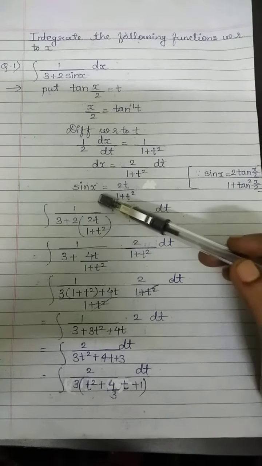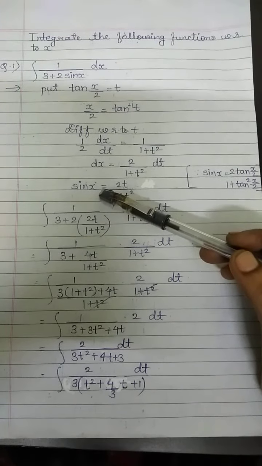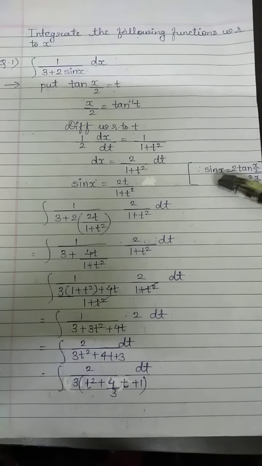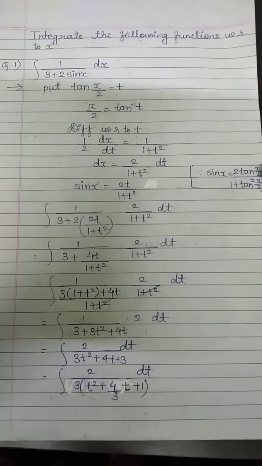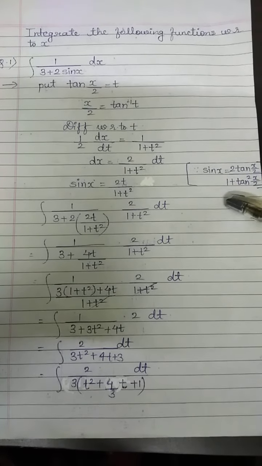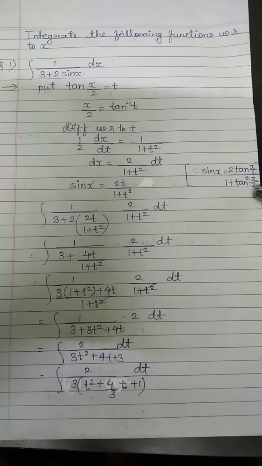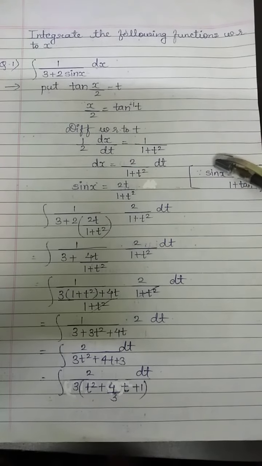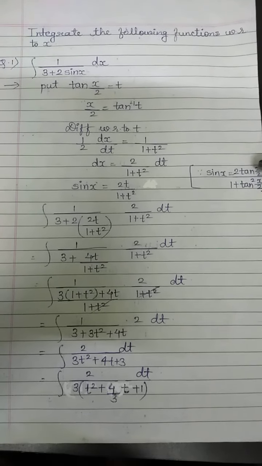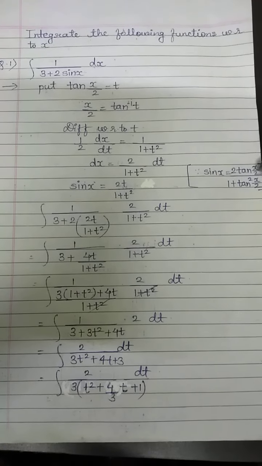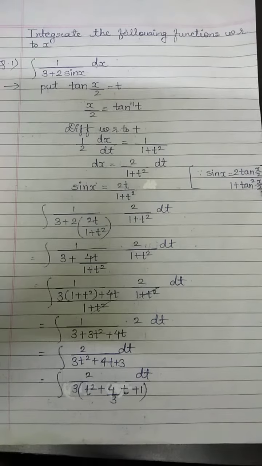Now we know the formula of sin x in terms of tan. Sin x is equal to 2 tan x by 2 upon 1 plus tan square x by 2. Now if we are writing the formula of sin 2x, then we will write 2 tan x upon 1 plus tan square x.